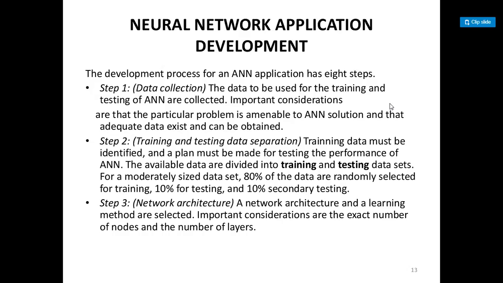In this situation, we divide the data into training data and testing data. Training data is the data about which we already know, and testing data is the data which we want to predict or take decisions on. Generally 80% of the data is collected as random training data before designing a neural network, 10% as testing data and 10% for secondary testing.